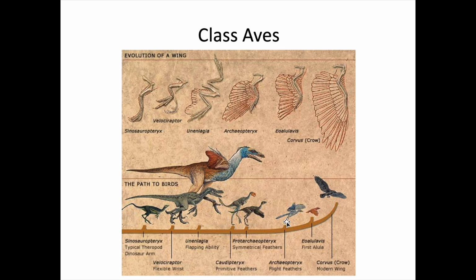Flight is pretty much where we draw the line between non-avian dinosaurs that had feathers and real birds that obviously have feathers, feathers that are capable of powered flight. But there's definitely a direct line here from this group of dinosaurs to birds.